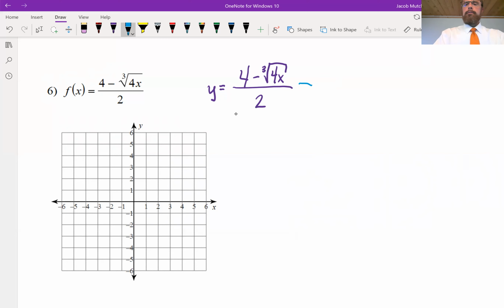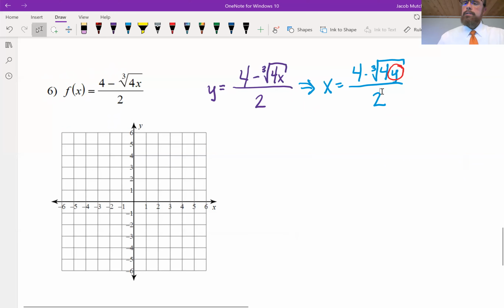So for my inverse, the way that I'll record that, instead of y, I'll write x equals, in the numerator, 4 minus the cube root of 4y instead of x over 2. And then just as we had seen in our first example, we want to solve now for y. I've got quite a few things to reconcile on the right.